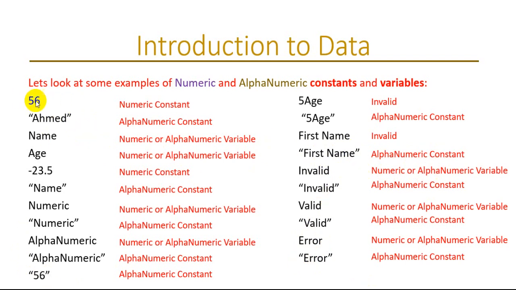If it is a number, straightforward numbers like this, those are numeric constants. All the rest, as long as it starts with an alphabet and the rest is a number or an alphabet and no space is there, those are all either numeric or alphanumeric variables, and it will depend on what you put into that. When you put a number into that, it's a numeric variable. When you put an alphanumeric into that, it's an alphanumeric variable.